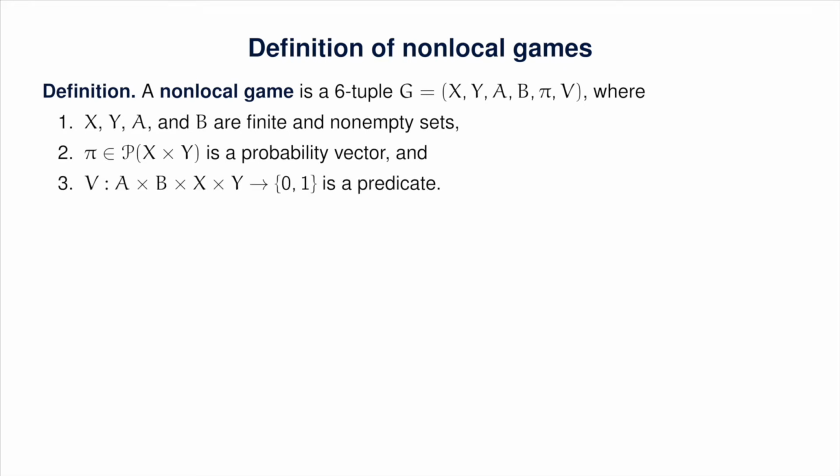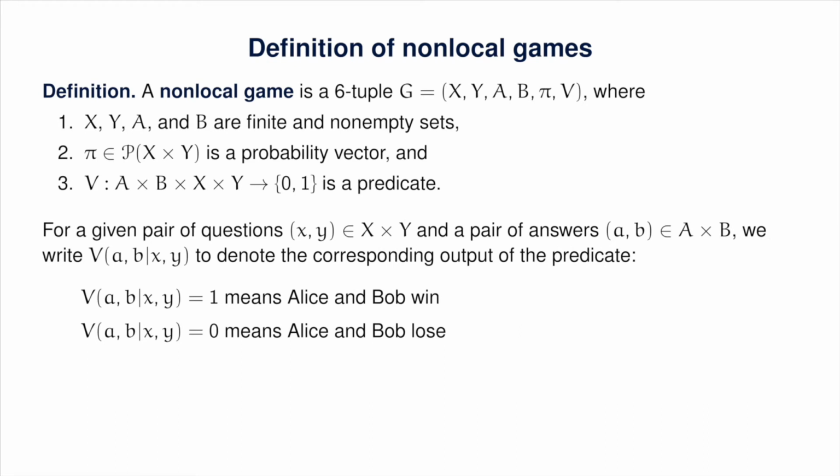Finally, we must specify which answer pairs win and which answer pairs lose for each pair of questions, and this information can be described as a predicate V. Specifically, V of A B given X Y equals 1 when A B is a winning answer pair for X Y, and V of A B given X Y equals 0 when A B is a losing answer pair for X Y. And once we have those 6 things, the 4 question-answer sets, the distribution of question pairs, and the predicate that describes the winning and losing answers, we have formally described a particular instance of a non-local game.